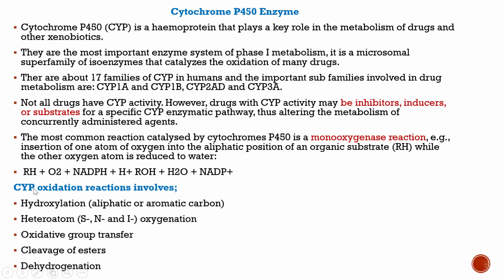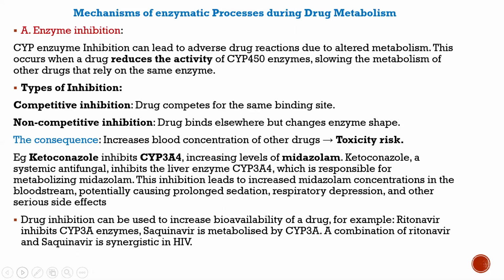So the cytochrome P450 oxidation reactions include hydroxylation, heteroatom oxidation, oxidative group transfer, cleavage of esters, and dehydrogenation. So these are the different oxidation reactions that involve the cytochrome enzyme.